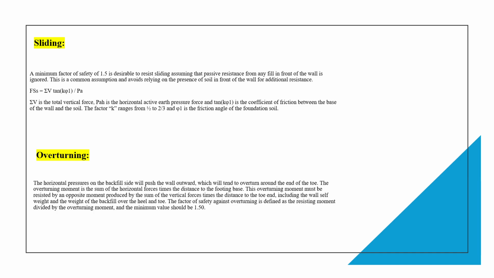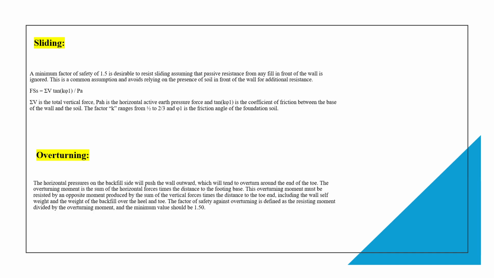So sigma V is the total vertical force, and the earth pressure is the horizontal active earth pressure force, and tangent k phi1 is the coefficient of friction between the base of the wall and the soil. The factor k ranges from 1/2 to 2/3, and phi1 is the friction angle of the foundation soil.